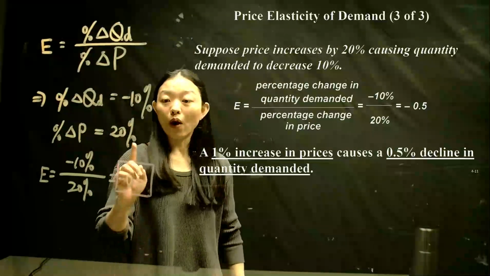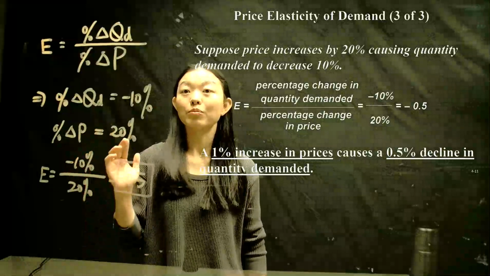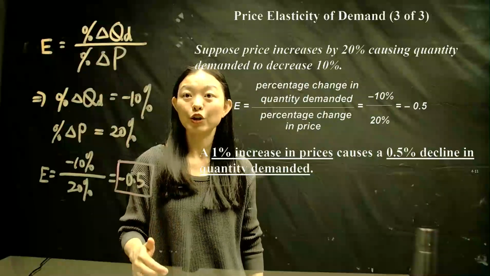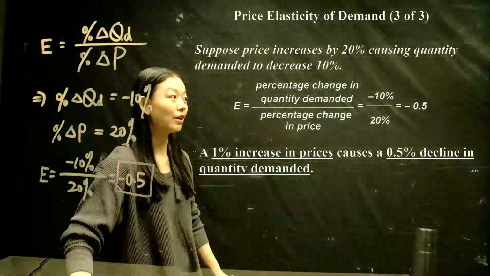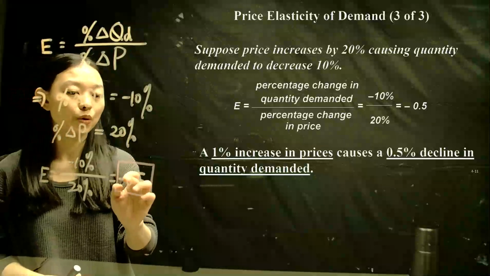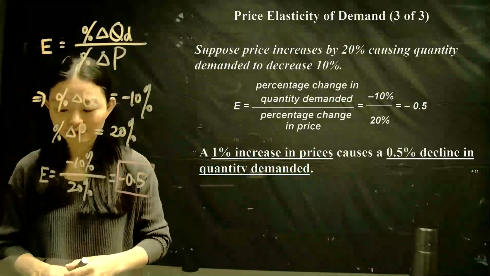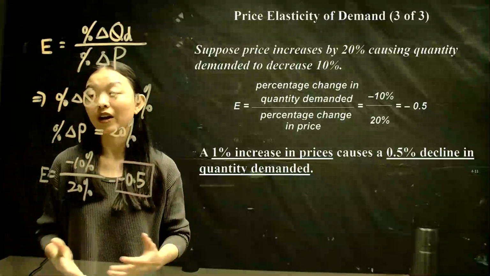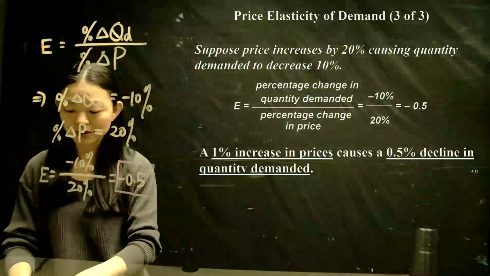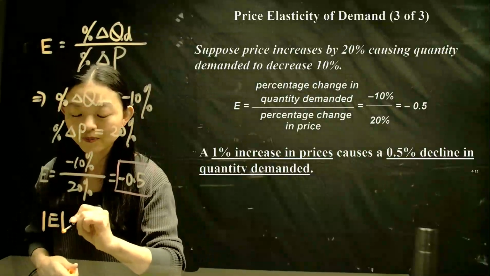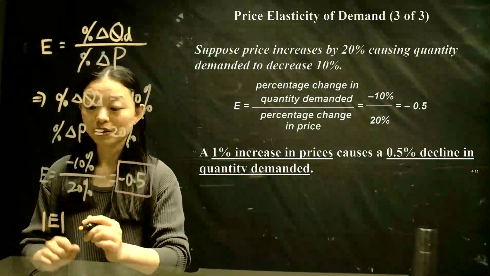It means that a 1% increase in price would result in a 0.5% decrease in quantity demanded. In order to make comparison easier, most of the time we will just use the absolute value.